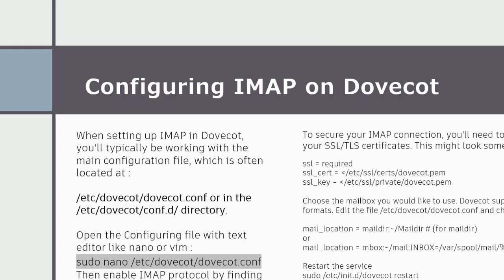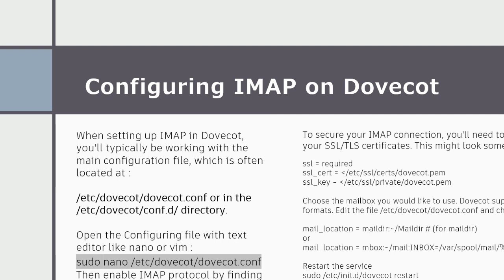Configuring IMAP on Dovecot. For configuring IMAP on Dovecot, we usually work with the main configuration file, which is often located in dovecot.conf or in the directory.